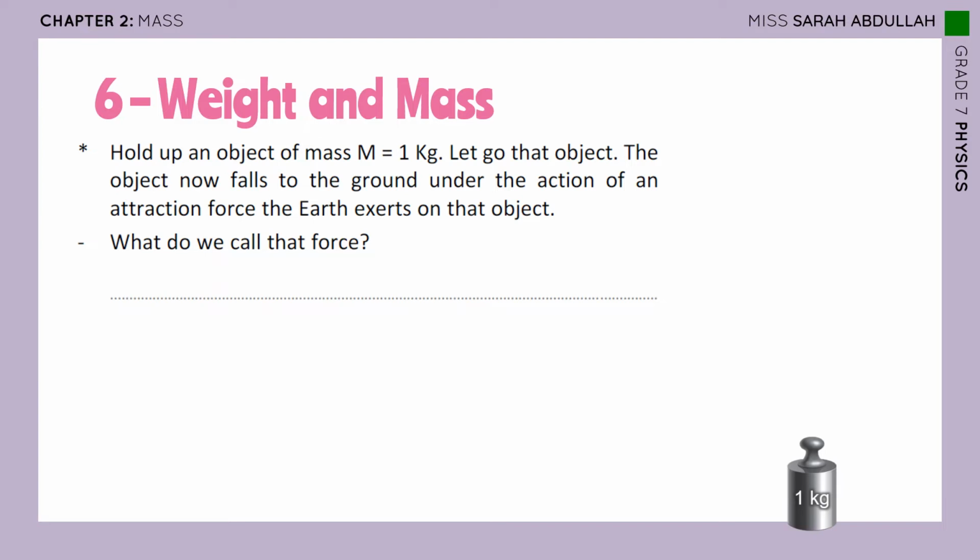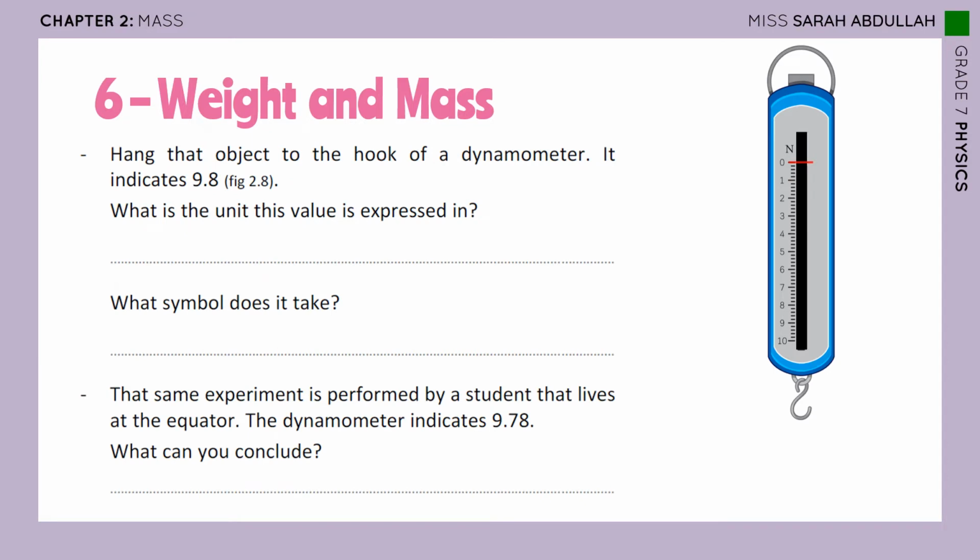What do we call that force? We said we call it the weight, right? So this force is called the weight of the body. Now, hang that object to the hook of a dynamometer. So this is a dynamometer. It is an instrument used to measure the weight.